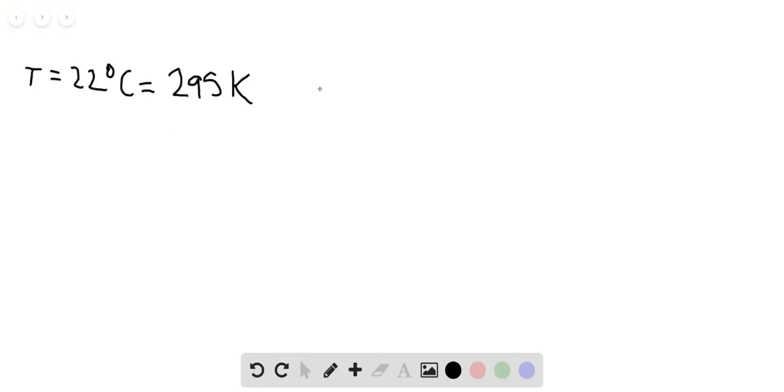And the temperature in Kelvin is always the one to use in a physics problem. Kelvin scale is the physics scale, the one that makes sense for physics. 22 only makes sense when you ask your friend, what temperature is it outside?